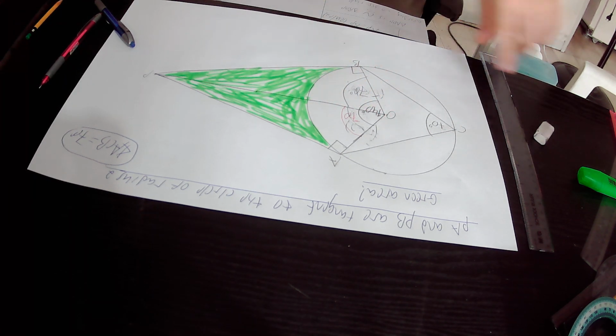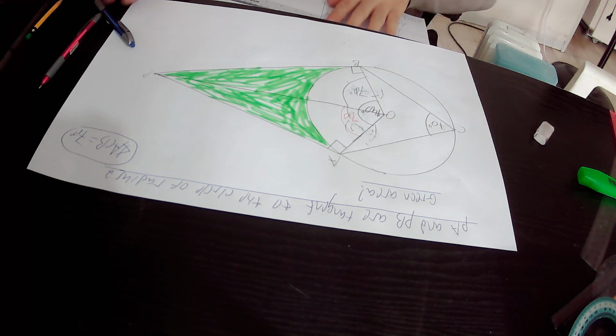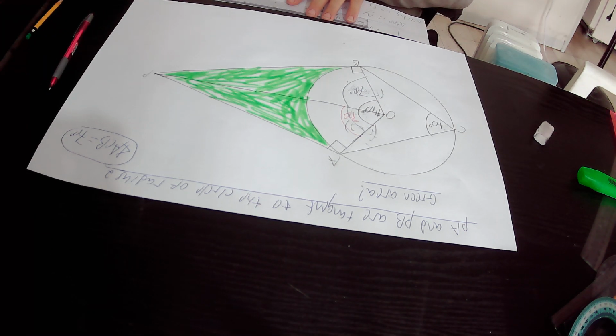On the right upper triangle, triangle APO, tangent 70 degrees. What is the value of tangent 70 degrees?